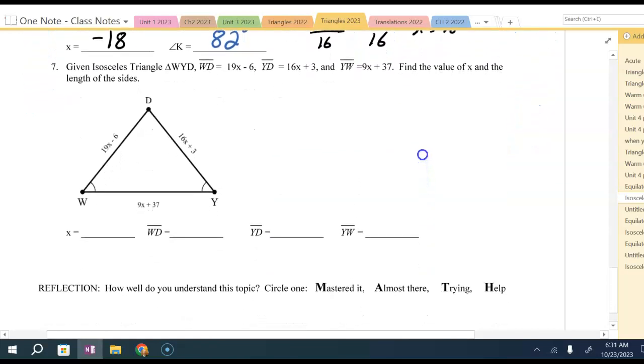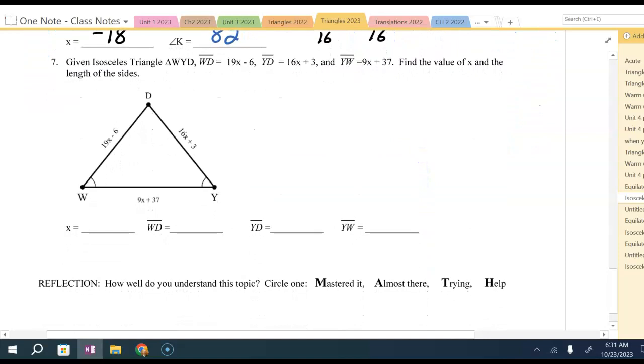Let's take a look at our last example. This is an isosceles triangle again. And here I have the base angles marked. And I'm going to highlight those in red. So across from the base angles are the legs. And remember, the legs are equal. So 19x take away 6 is equal to 16x plus 3.